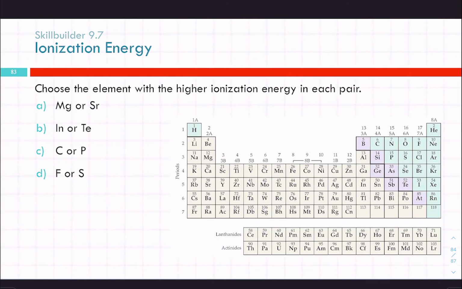So between magnesium and strontium, which electron's easier to remove? This is the opposite of higher ionization energy. Which one's more difficult to remove? Yeah, magnesium, sorry.